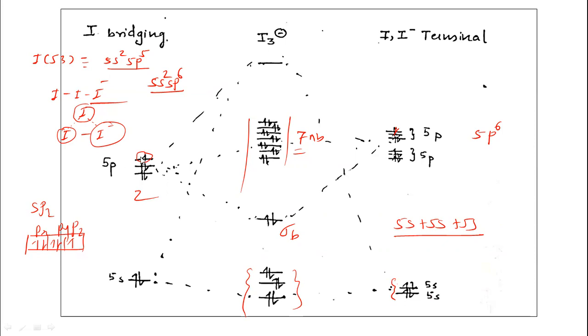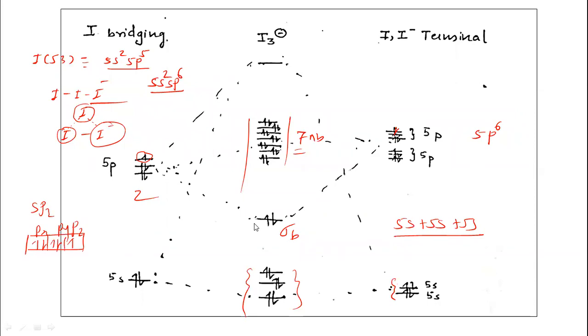But what happens here, only the pz orbital is involved in the sigma bonding. So the 5pz orbital of the central, bridging iodine atom overlaps with this, forming the sigma bonding and sigma star antibonding molecular orbitals.